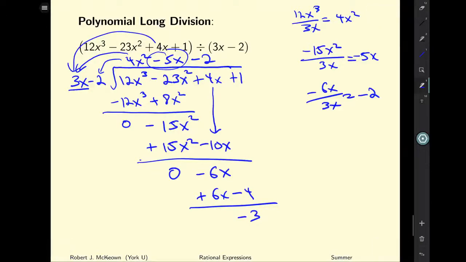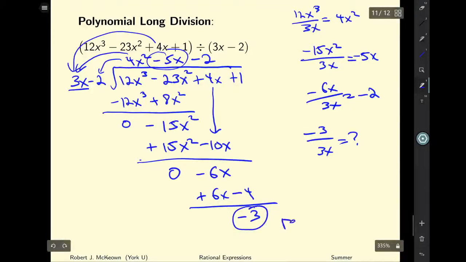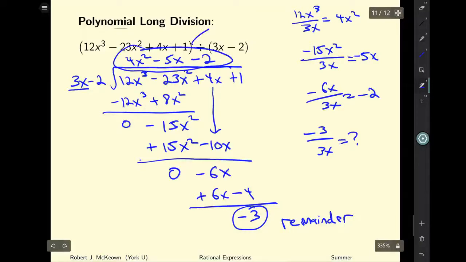Now how many times does 3x go into minus 3? Well, we're going to say 0 times. And this here is going to be our remainder. And I'm going to call this thing here our quotient.